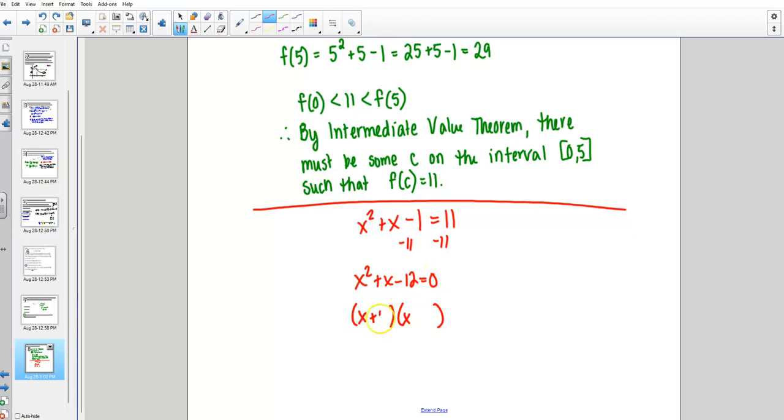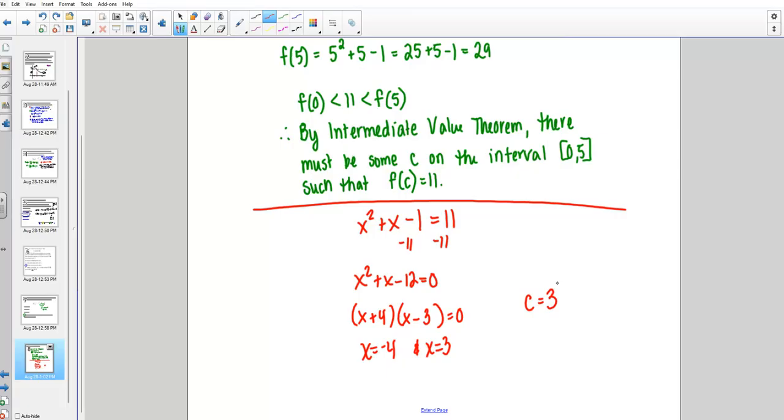You're going to get a plus 4, a minus 3. You get x equals negative 4 and x equals 3. But for this interval, what's the only one that works? 3, because it's the only one between 0 and 5. So C equals 3.